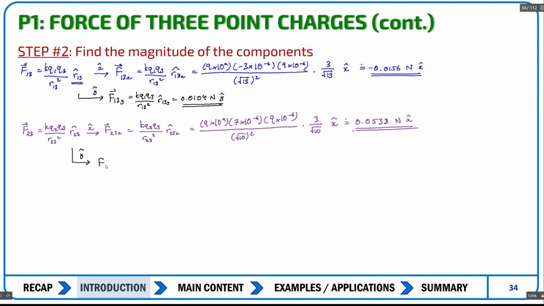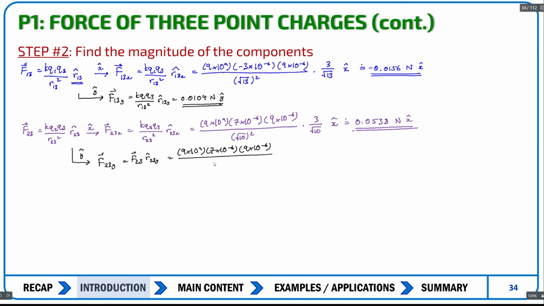We have F23y, which we can simply put as F23 multiplied by the y component of the unit vector, which is equal to 9 times 10 to the 9, 7 times 10 to the negative 6, 9 times 10 to the negative 6.